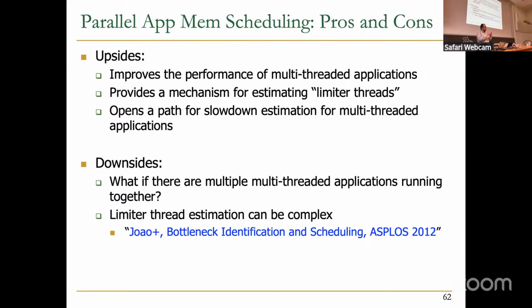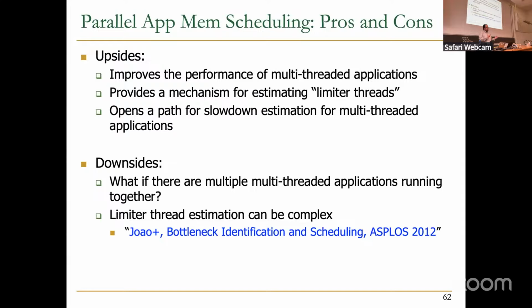And if you identify bottlenecks, you can potentially schedule the bottlenecks on a big core. Big core meaning, for example, a big out-of-order core, which can provide very good performance for the serial portion, essentially, right? And there are many small cores, which are each not very good, but together they can provide very good performance for the parallel portion.